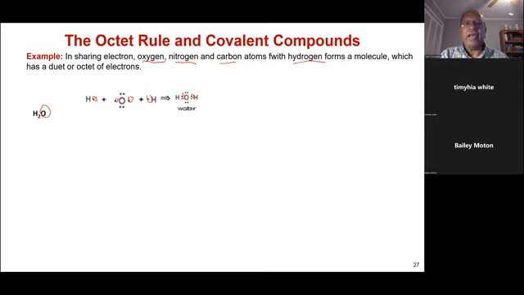These are called bonding electron pairs. You draw a line to represent them. That's a bonding electron pair right here, and right here. The non-bonding electron pairs found on the central atom alone are lone pairs.